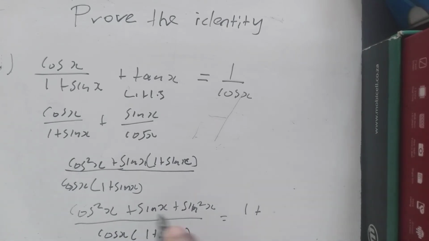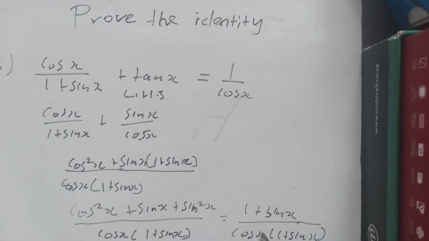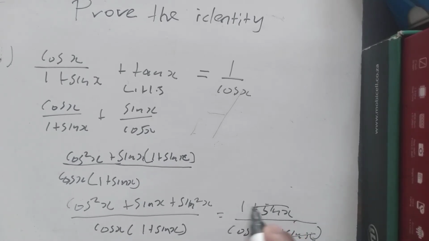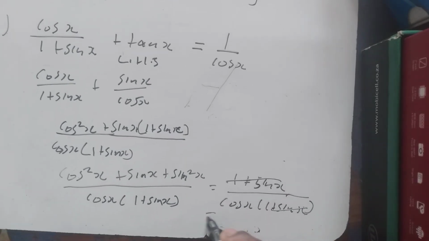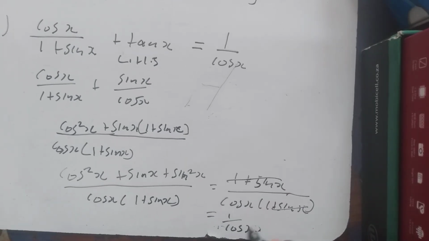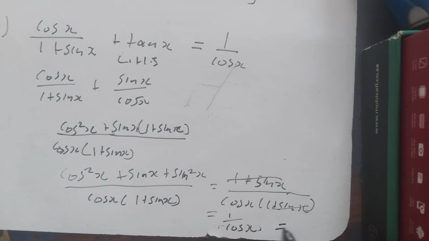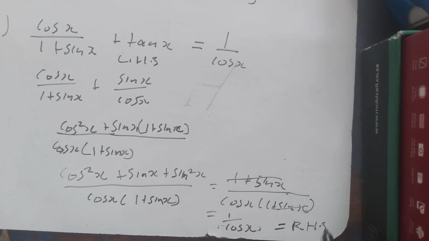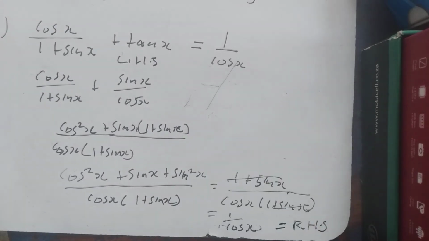Then this sine remains, so sine x over cos x times 1 plus sine x. And then you would realize that they're exactly the same, right? So since they're the same, it cancels out and it gives you 1 over cos x, which is exactly equal to the right hand side, because see, we have it the same.